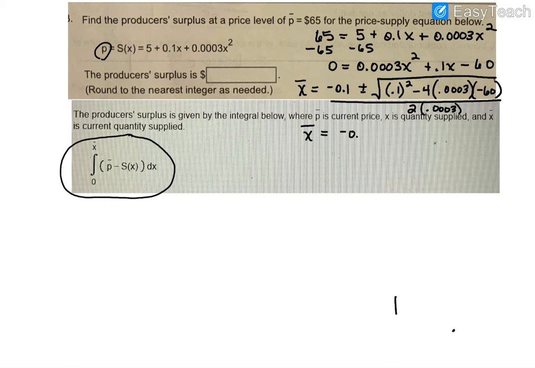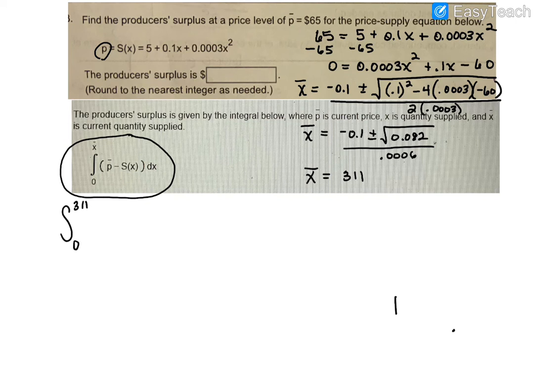I went ahead and simplified under the radical first, and I got a 0.082 under my square root, and then also simplified the bottom, so 0.0006. And you're going to get a positive and a negative answer. The only one that makes sense here is the positive, since we're talking about producing things. And so that's going to round to 311.